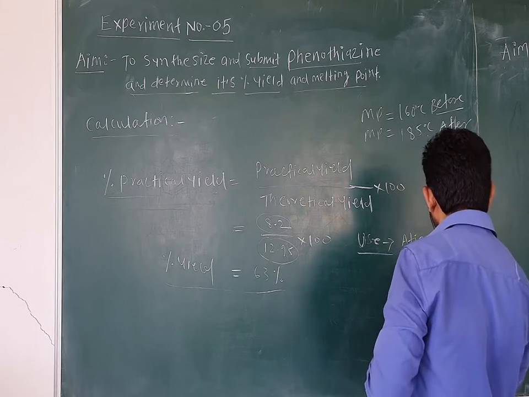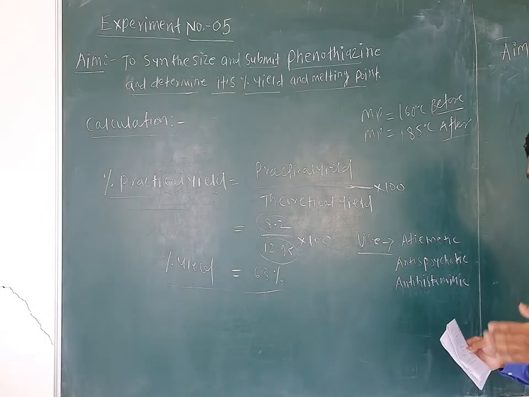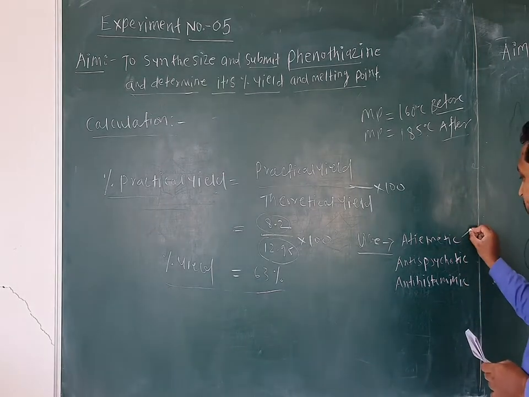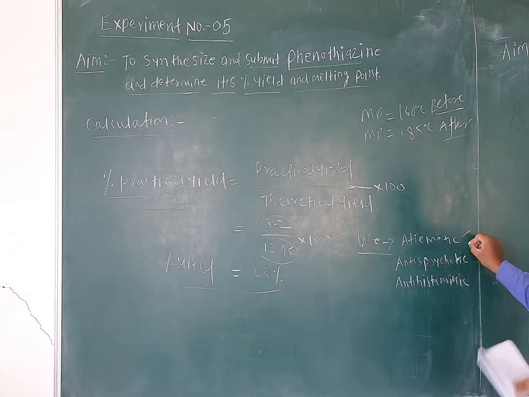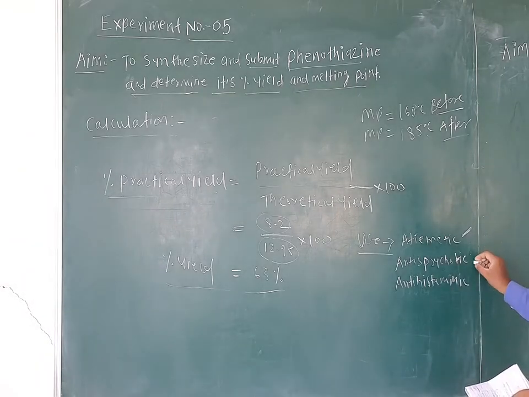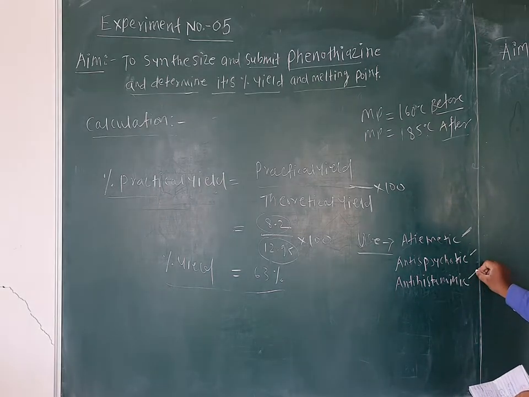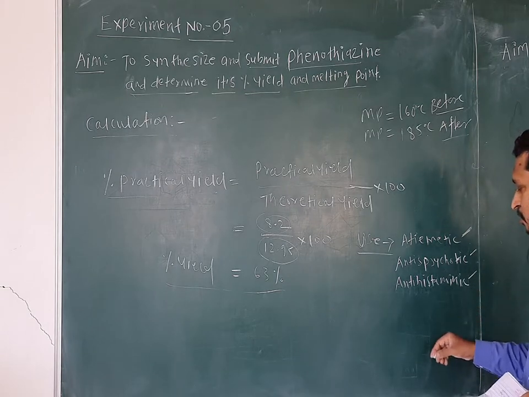This particular phenothiazine ring is contained in many medicinal compounds which have medicinal uses, like anti-emetic, which are used to control emesis or vomiting. Also, it is used as antipsychotic agents. Antipsychotics are used in schizophrenia patients or psychiatric patients. Another, it is found in antihistaminics, to inhibit the activity of histamines.